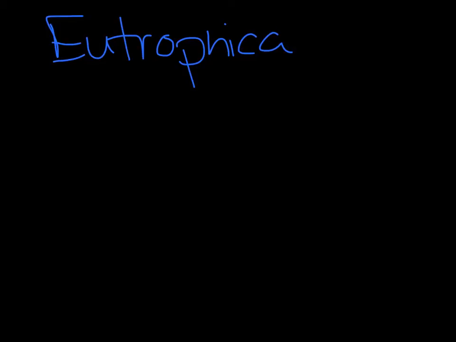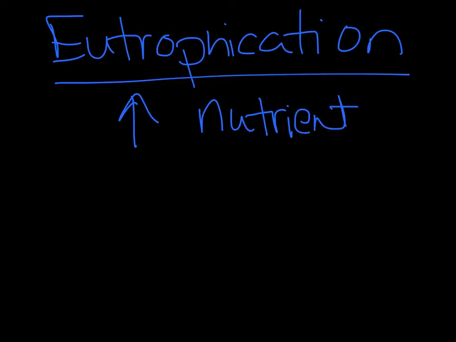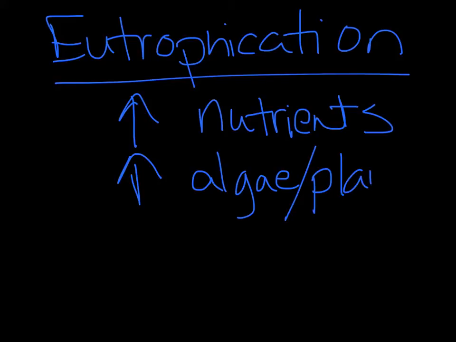All right, next up is eutrophication. A big, long word. What this means is that you're going to get an increase in nutrients in a lake or pond. And this is going to cause an increase in the growth of algae and plants.